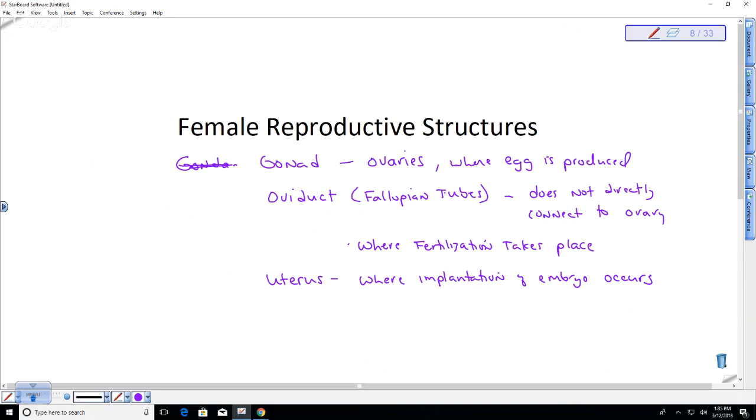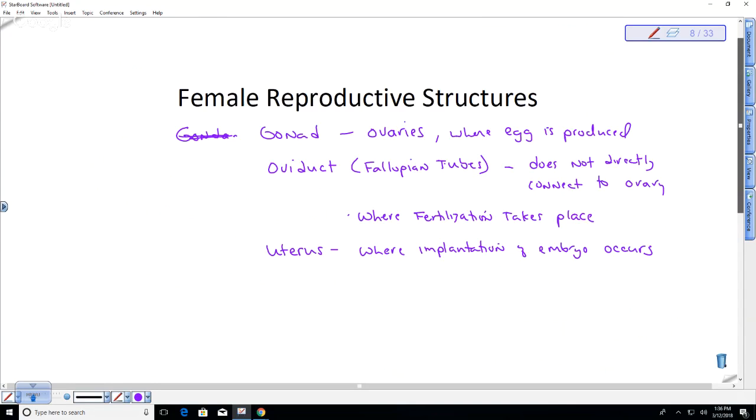And they actually have to go in generally and remove that. It usually damages that side of the reproductive tract, so they actually just kind of tie off the fallopian tubes on that side. And if it ruptures, it could actually lead to death in the female. So the implantation of the embryo should occur in the uterus.